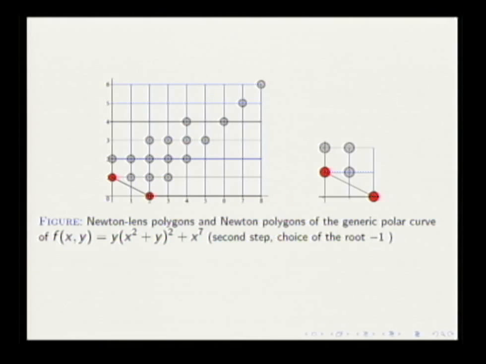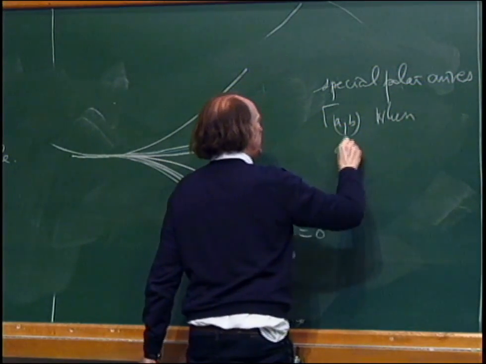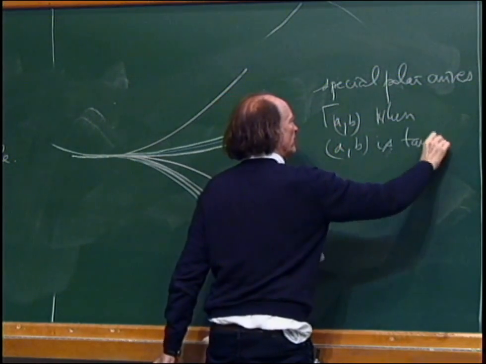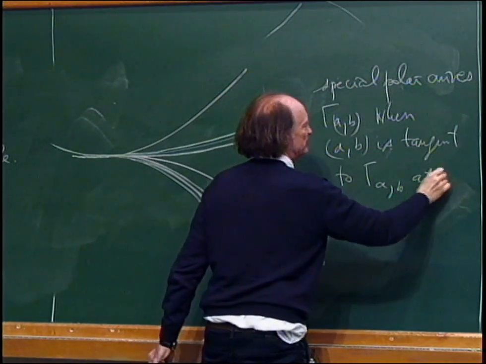And there may be another bunch here. And there may be some very special polar curves gamma AB when AB is tangent to gamma AB at the origin.